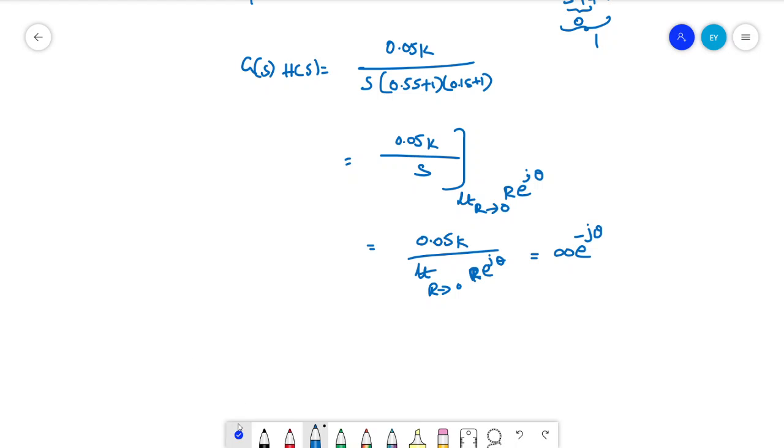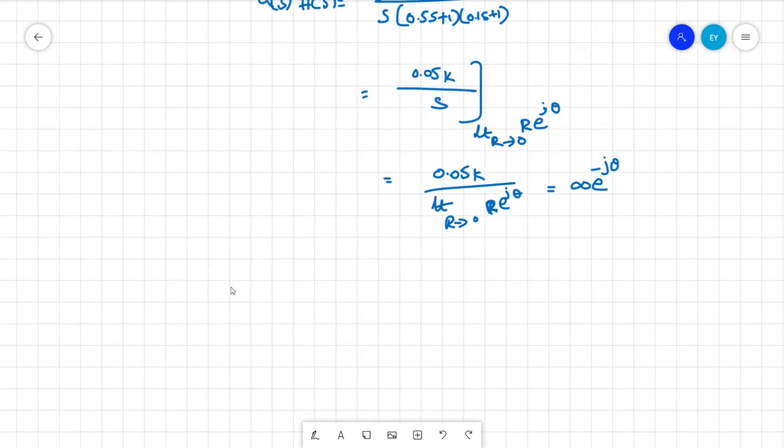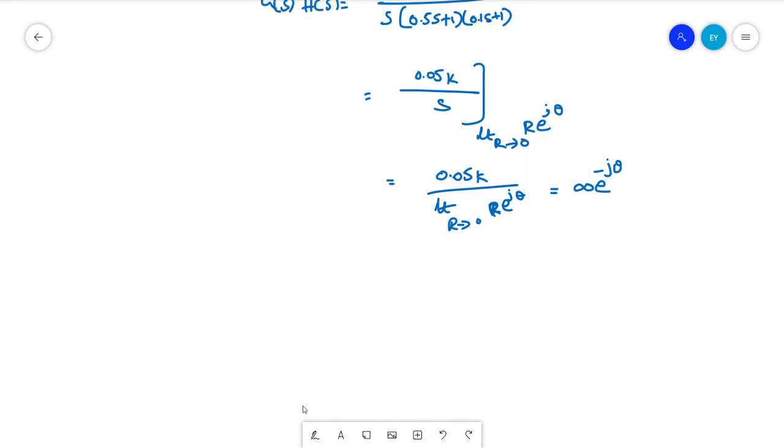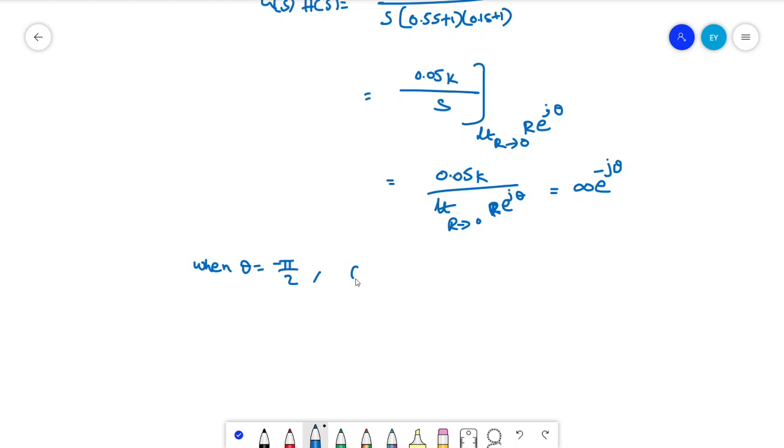Okay, so we'll just apply angles. When theta is equal to minus pi by 2, because it is starting at minus pi by 2, in the s plane, if you remember, it starts at minus pi by 2, for that function g of s h of s what we got is infinity e power plus j pi by 2.